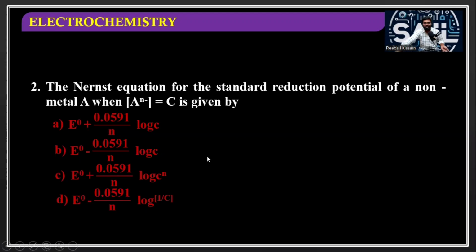E is equal to E naught. For metals, E is equal to E naught plus 0.059 by N log C. For non-metals, E is equal to E naught minus 0.059 by N log C. Okay, the second option is correct.